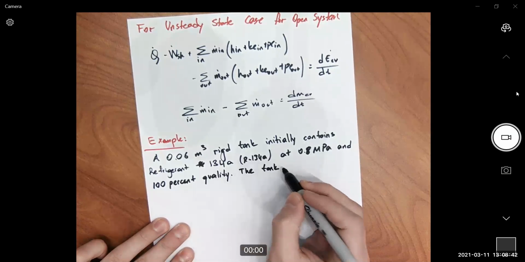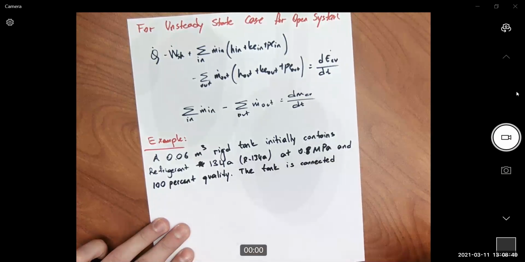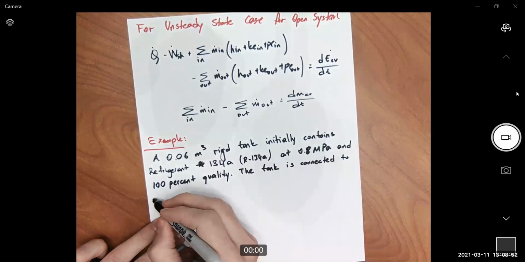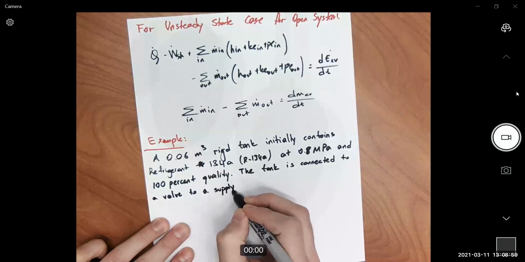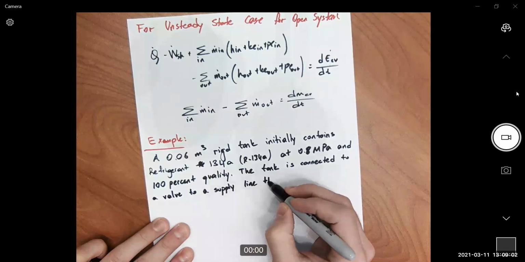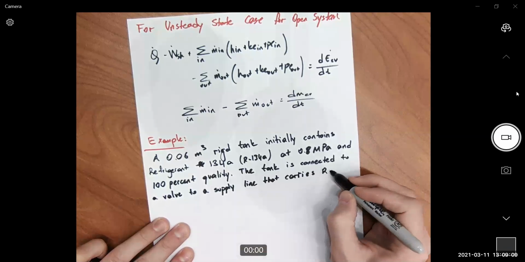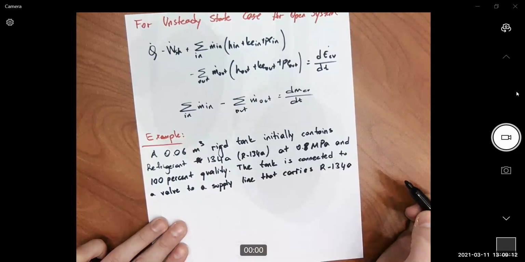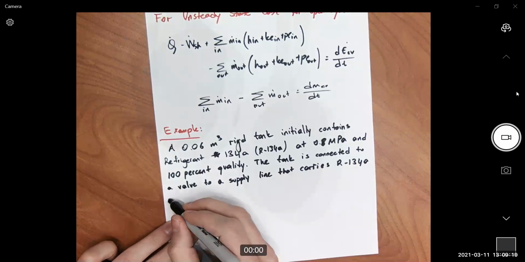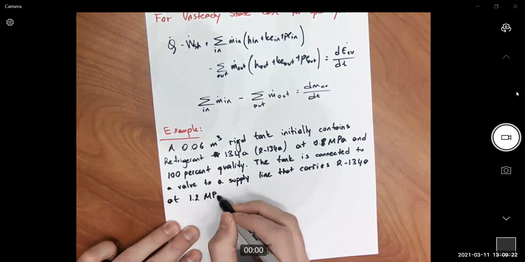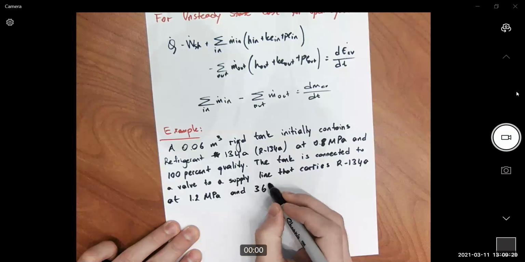The tank is connected through a valve to a supply line that carries refrigerant 134A at 1.2 megapascal and 36 Celsius.